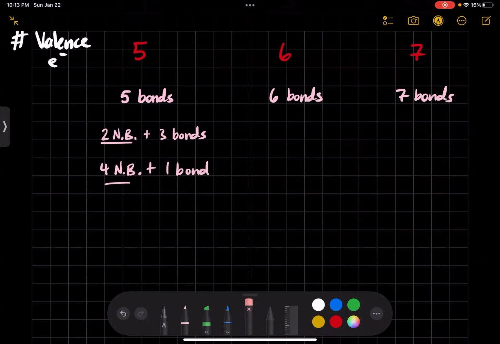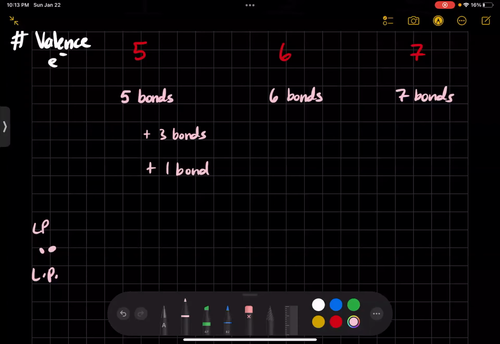Realistically, the terminology I'm more likely to use is lone pairs, abbreviated LP. There are 2 non-bonding electrons per lone pair, so think in terms of number of lone pairs and number of bonds. Here, let's say we have 1 lone pair and 3 bonds, or 2 lone pairs and 1 bond. Remember, 2 electrons per lone pair.